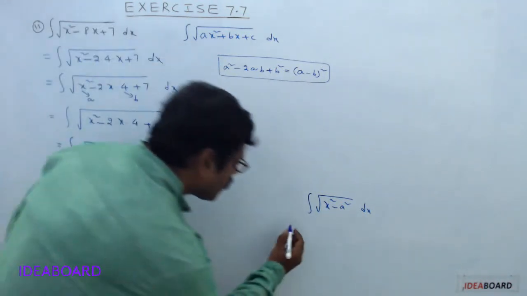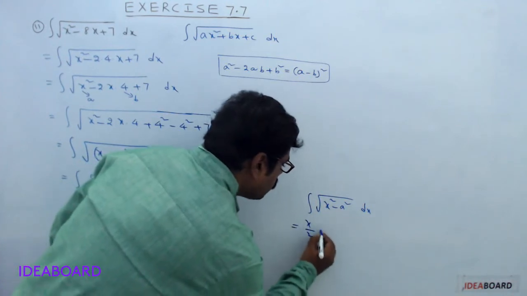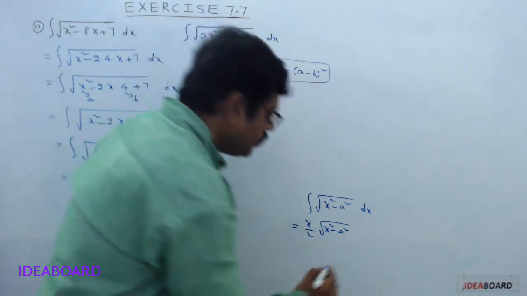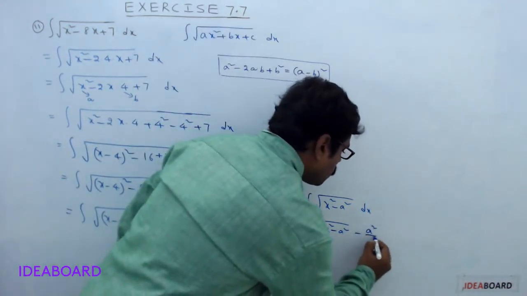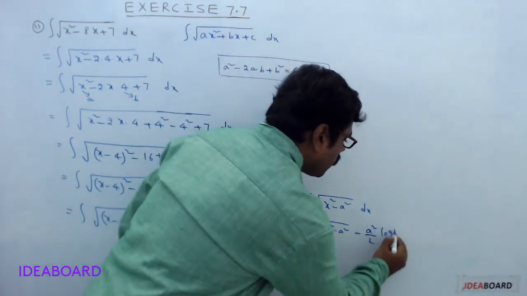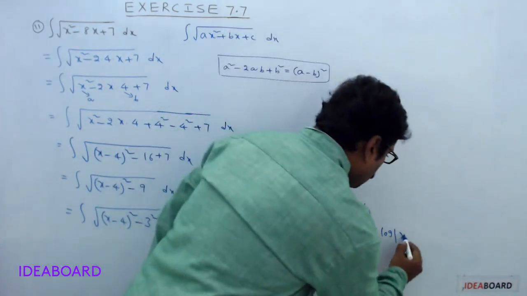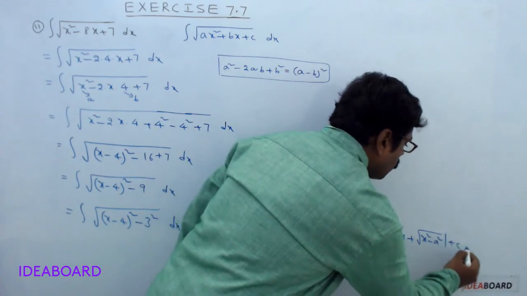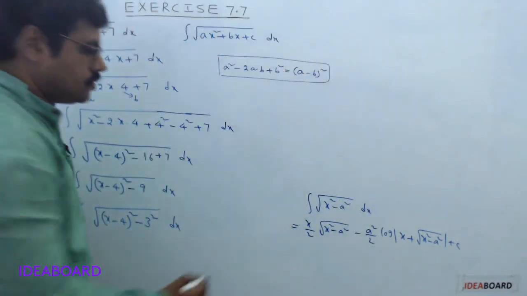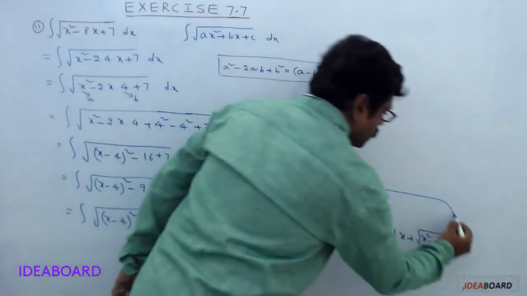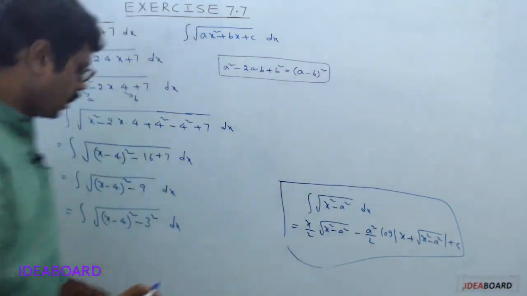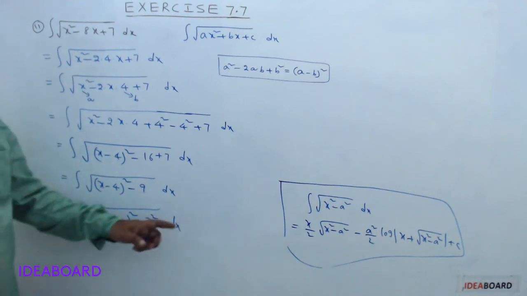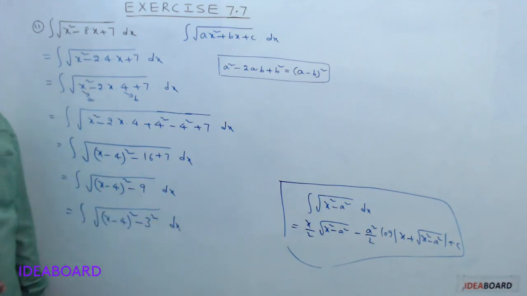What is its formula? It is x by 2 into square root of x square minus a square, minus a square divided by 2 into log mod of x plus square root of x square minus a square, plus a constant c. So use this formula on this term. First write down these steps, then we will discuss the continuation of this problem.